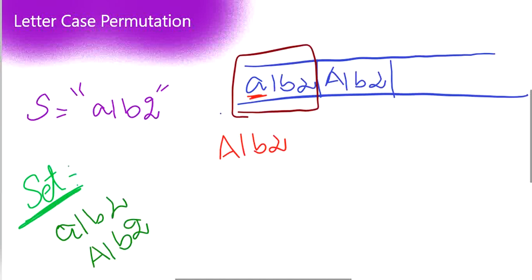Now moving on to the second character, it is a number, so no change is going to happen, or we cannot permute this. So moving on to the third character, b. From this whole string we're going to change b to uppercase. In this case it is going to become small a1 and big B2.